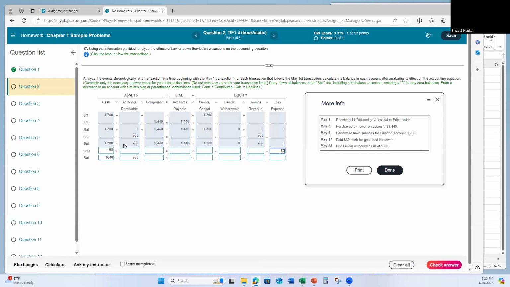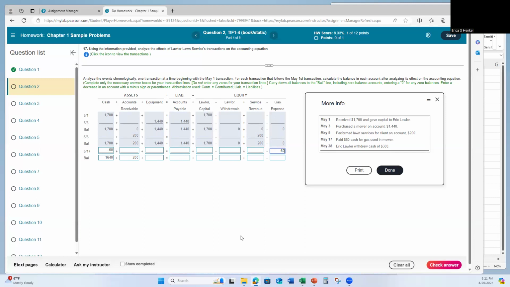All right, now why does this one say negative and this one say positive? Well, we're decreasing our cash, which is a credit. So a cash account is an asset account, which has a normal balance that sits on the debit side, right?